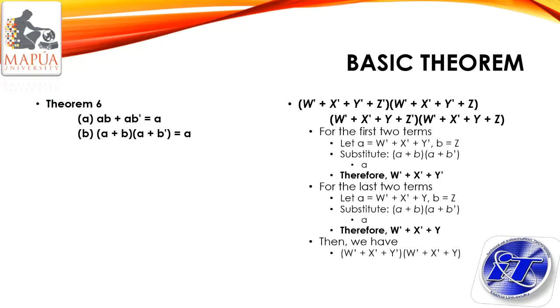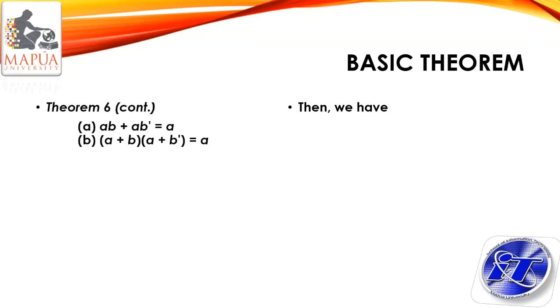So we have these two equations when we combine the first two and the last two. Can we simplify this further? Probably yes. So let's check. Do we have common variables between the two? Yes, W not, X not. Do we have complemented variables?